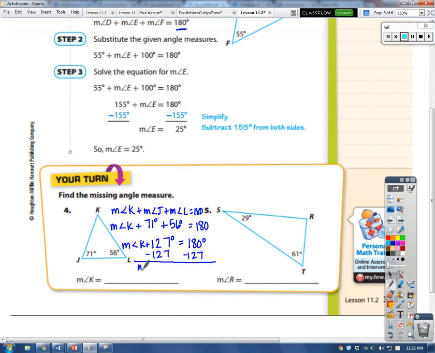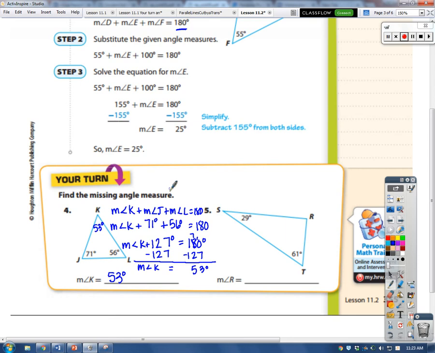And so my measure of angle K should equal, let's borrow, 53 degrees. So the measure of angle K is 53 degrees. And I can double check that by just plugging that back in and making sure that the sum of all 3 of these angles is 180.